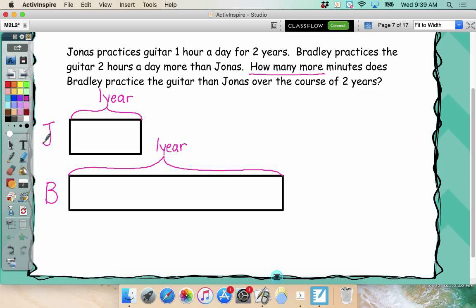How many days in a year times 1 hour? How many days are in a year? So that's going to be 365 hours. Correct? Because 365 times 1 is 365. Okay? See, HRS is hours. Go ahead and write that in there so we know. That's fine if you want to write hours.